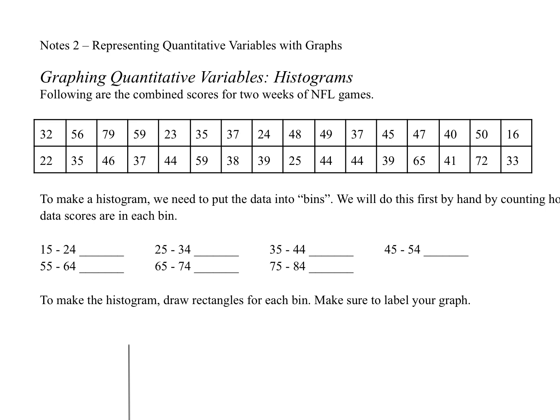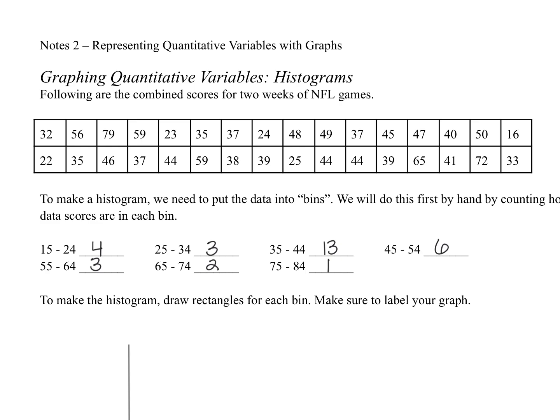There are 4 numbers that fall between 15 and 24, 3 that fall between 25 and 34, 13 between 35 and 44, 6 between 45 and 54, 3 between 56 and 64, 2 between 65 and 74, and then 1 between 75 and 84.